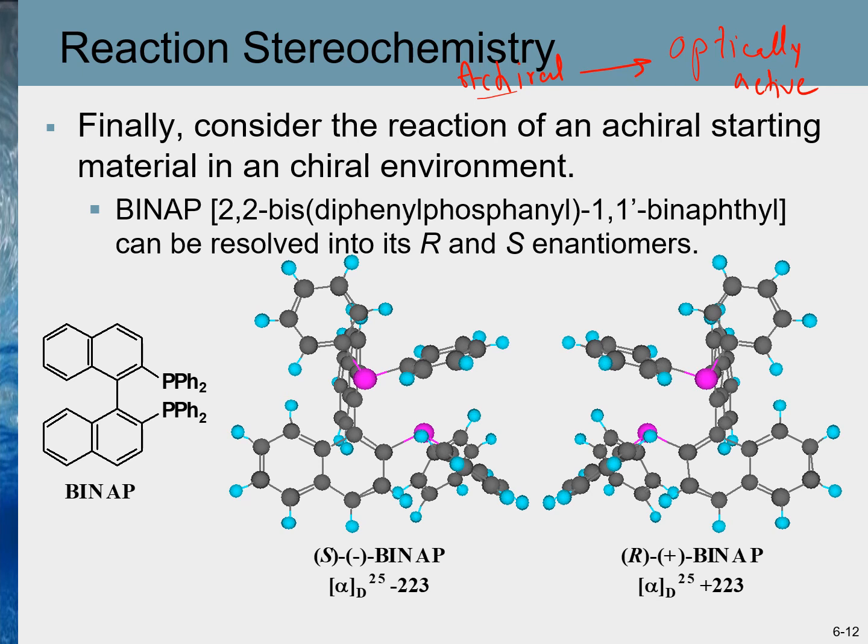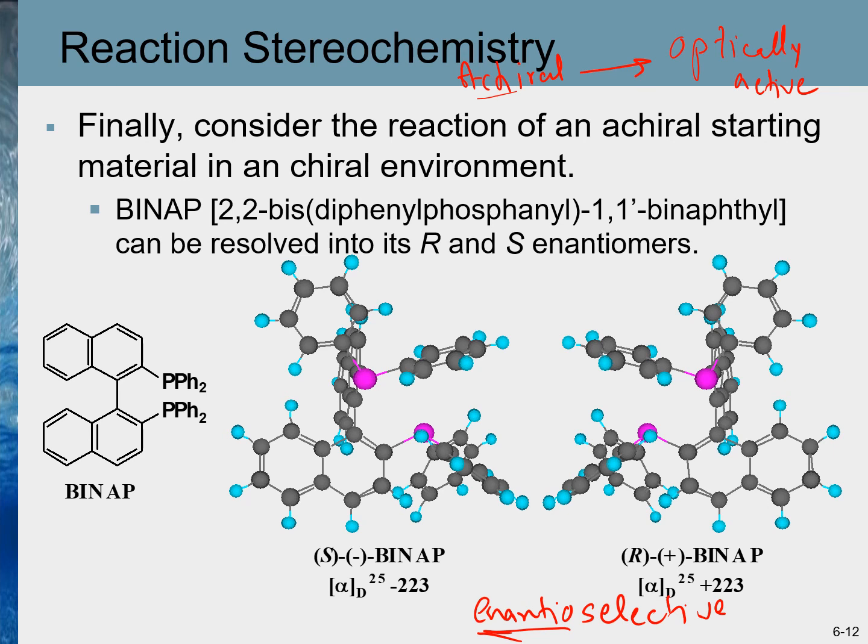So these kinds of reactions are known as enantioselective reactions. Enantioselective reaction means that only one enantiomer is selected to be synthesized in these reactions.